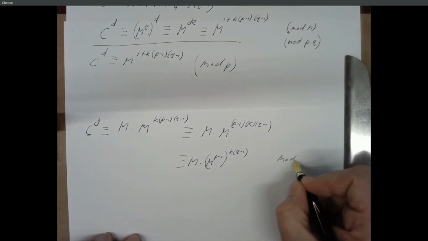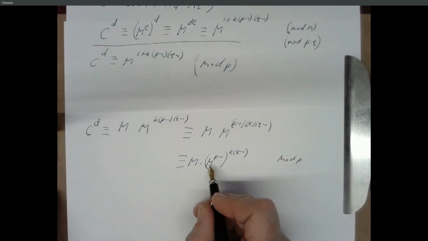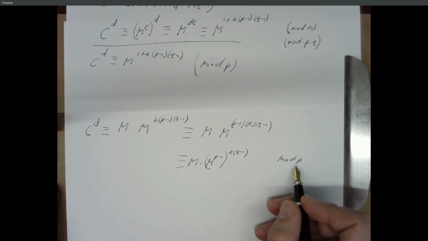And this is mod P. Well, M to the P minus 1 modulo P, Fermat's little theorem tells us that's equal to 1.